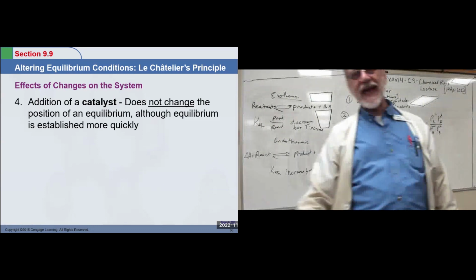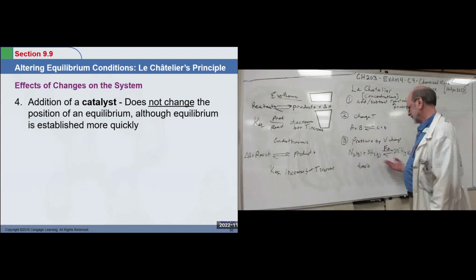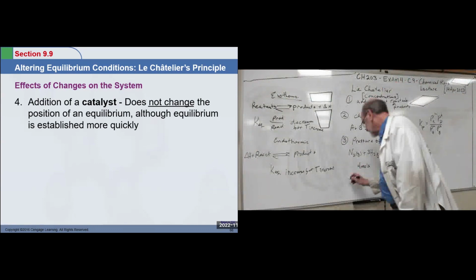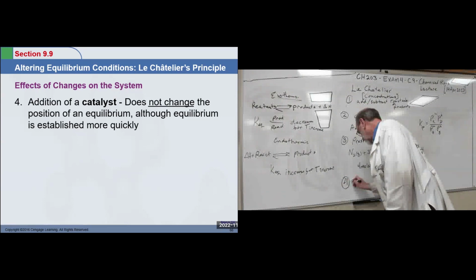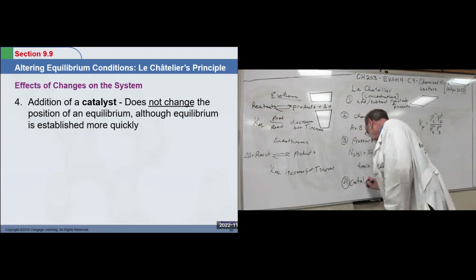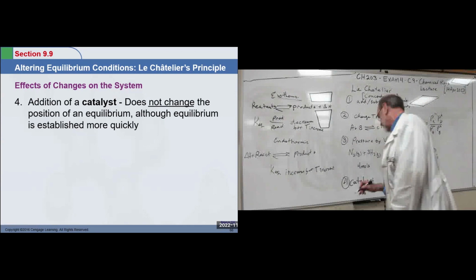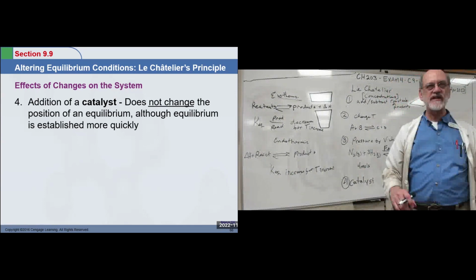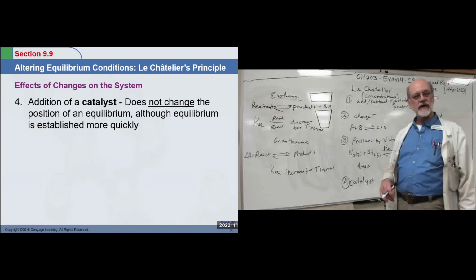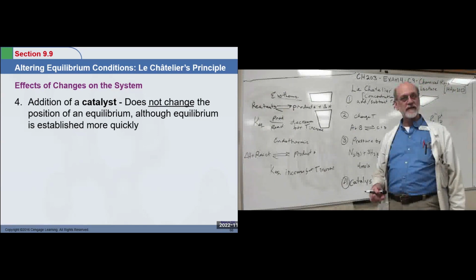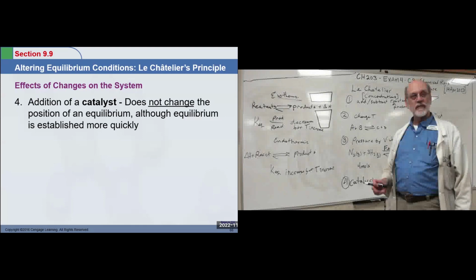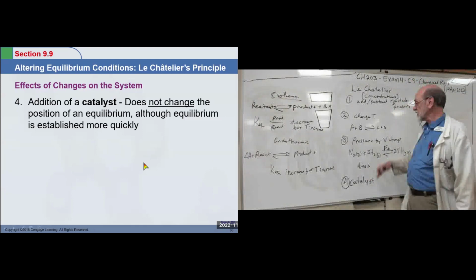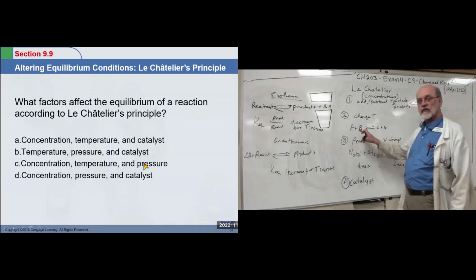Now, what does a catalyst do? Right? Catalyst. A catalyst does nothing for the equilibrium. Zero. All it does is change the rate. There's no change in equilibrium, because a chemical catalyst catalyzes the reaction forward and reverse.